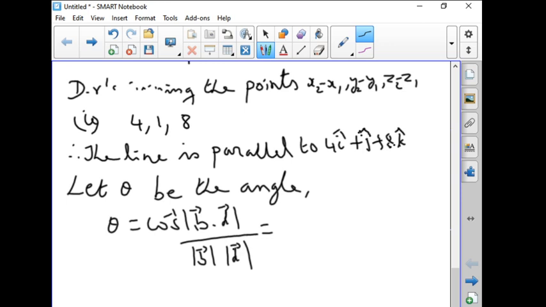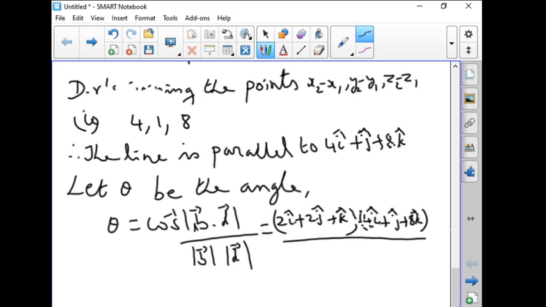So, we know how to find the dot product, we have learnt already. So, b dot d is 2i cap plus 2j cap plus k cap dot 4i cap plus j cap plus 8k cap, by modulus of b vector.